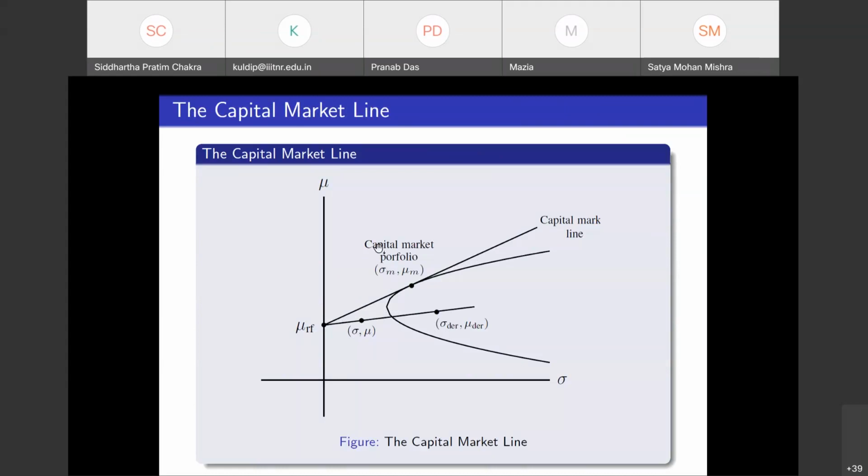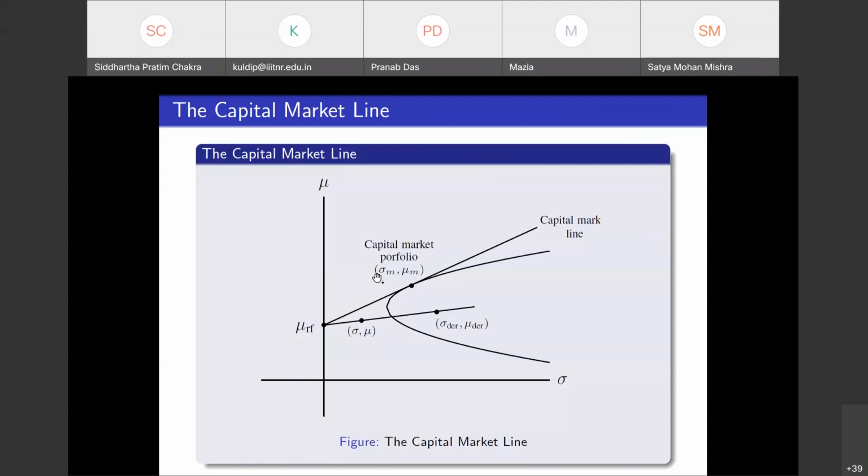All you need to do is invest in the capital market portfolio and here. Now, how are you going to invest in the capital market portfolio? Obviously, you can buy something and you will get a reasonable mimicking of the capital market.